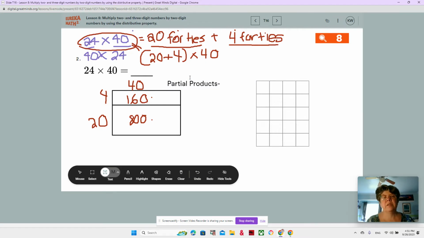Do you see in the word partial, part? You see the word part? So those are parts of products, answers to multiplication, right? Partial products. Okay. Very important that you understand that. And we have our two partial products right here.